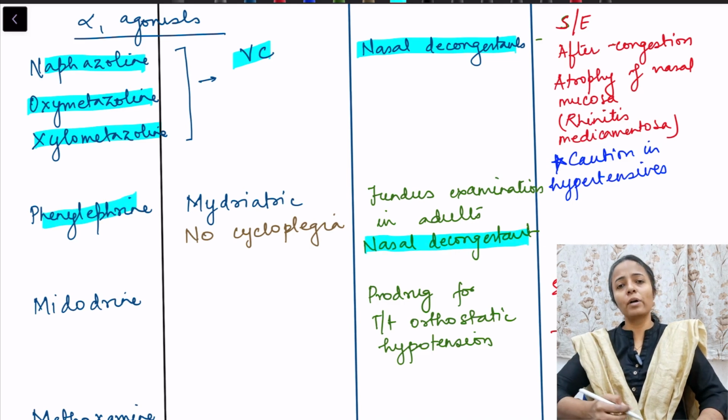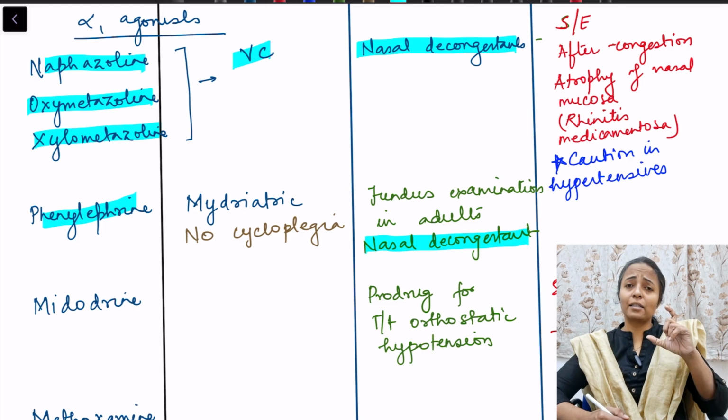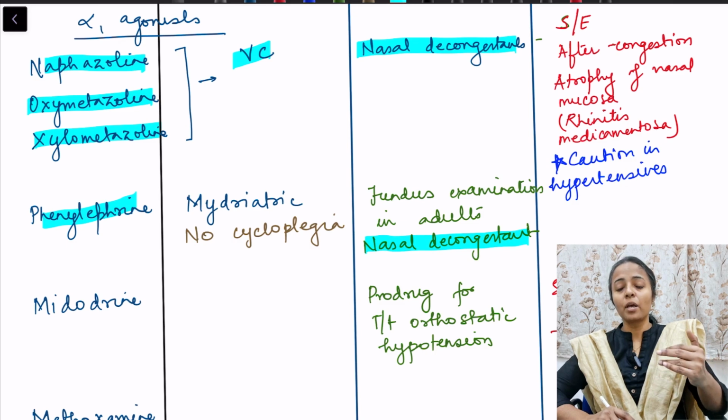Okay, so if you have some medicines in your home, in cold, whatever syrup is given, that is having this phenylephrine. Then inhalers, which are used for decongestion of the nose, have this naphazoline, oxymetazoline. However, remember one thing, that we cannot use these drugs for long term. Why?